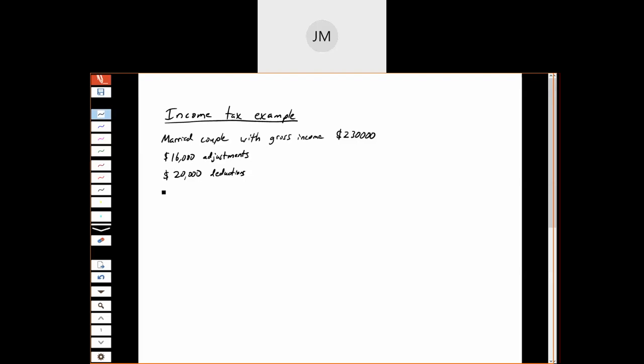Let's say they have 2 children. And let's suppose they've paid $27,600 in taxes so far.